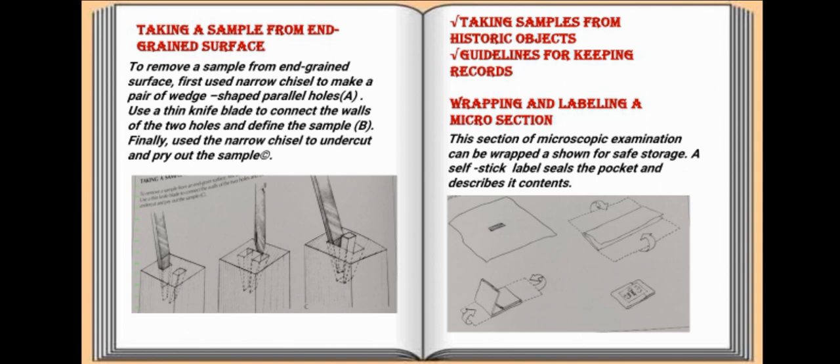To remove a sample from an end-grain surface, first use a narrow chisel to make a pair of wedges, just like in the photo, and also to shape parallel holes, or the letter A. Use a thin knife blade to connect the walls of the two holes and define the sample, B. And finally, use the narrow chisel to undercut and pry out the sample. This is the sample in the picture.